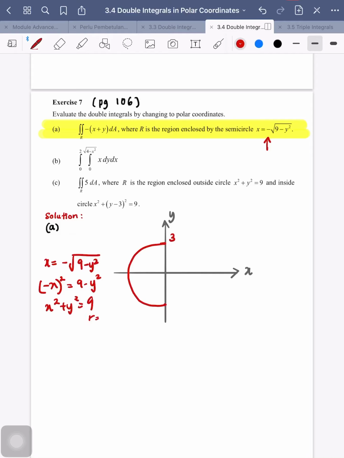So that's why the points here are 3 and negative 3, and the center is at 0, 0. Okay, this is the full circle. See, the full circle is not the exact picture.